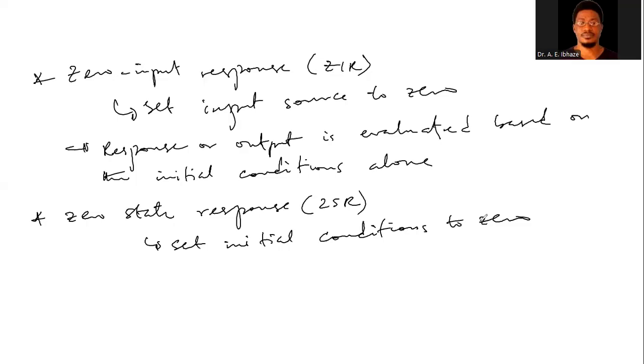And then we have to evaluate the homogeneous equation and also the particular solution. So once we set the initial conditions to 0, we will then have to add the homogeneous solution and the particular solution.